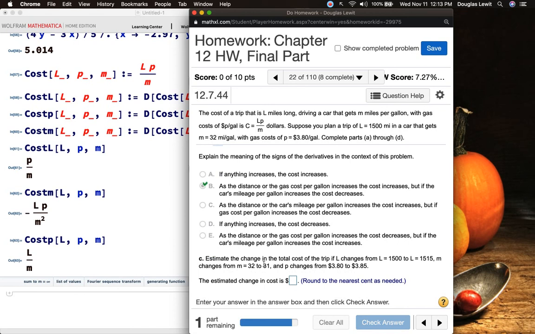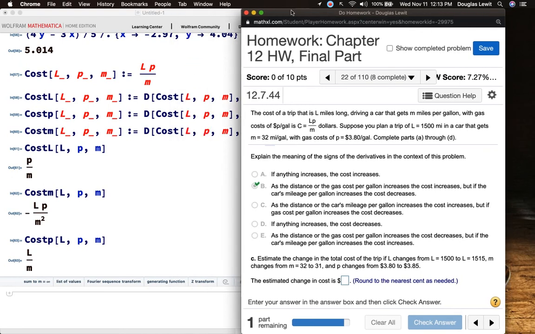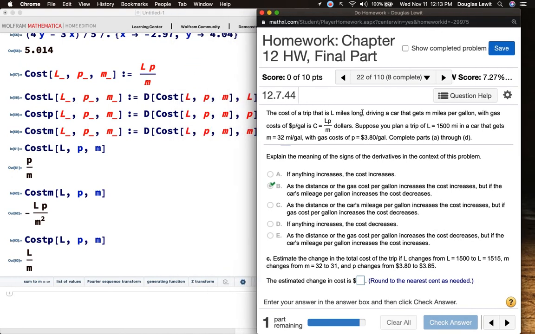Part C, estimate the change in the total cost of the trip if L changes from 1,500 to 1,515, and M changes from 32 to 31, and P changes from $3.80 to $3.85. Okay, so we have to use differentials for this. So let's look at our problem.